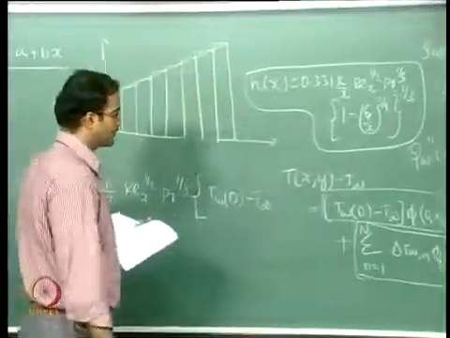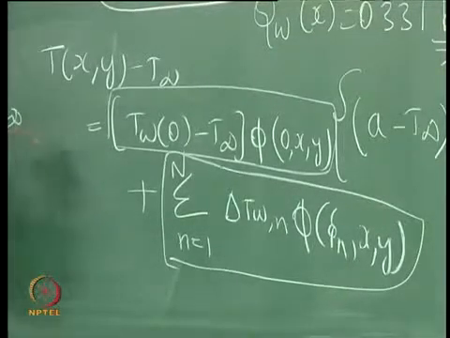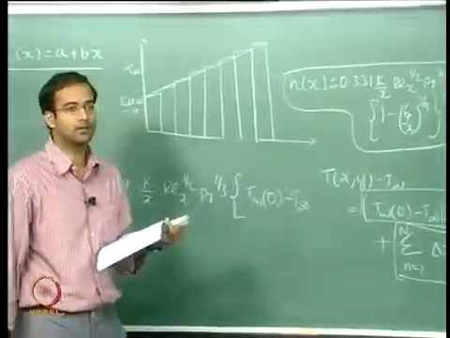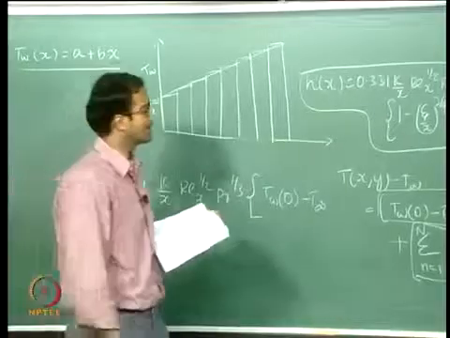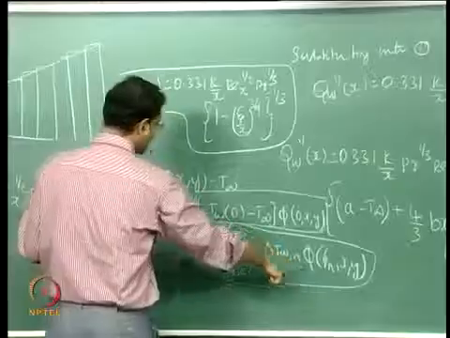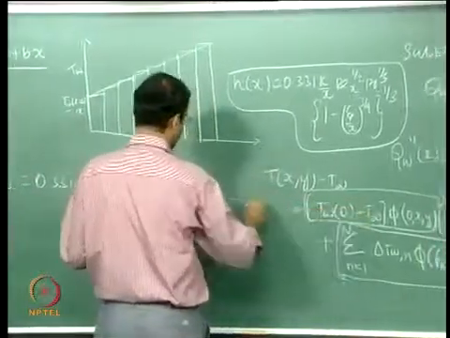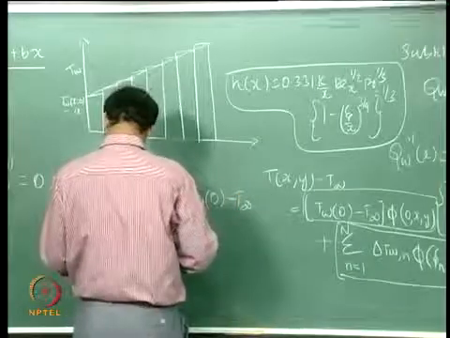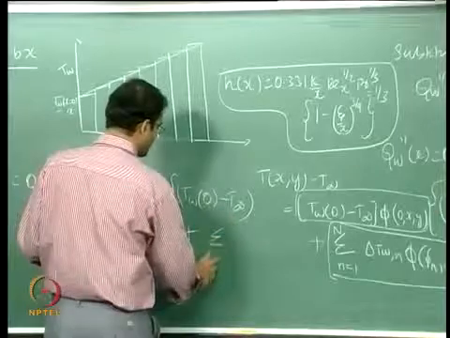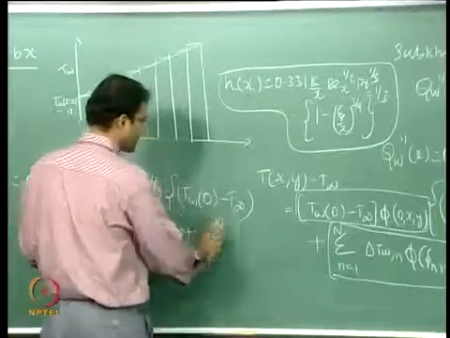Now when we want to calculate the heat flux, we had to say minus k into d phi by dy at y equal to 0, which was nothing but the heat transfer coefficient h. So this we had to substitute into this expression. Therefore this is taken out as common. You have T wall naught minus T infinity as one of the terms, and the rest of the terms will be n equal to 1 to capital N number of discrete intervals.